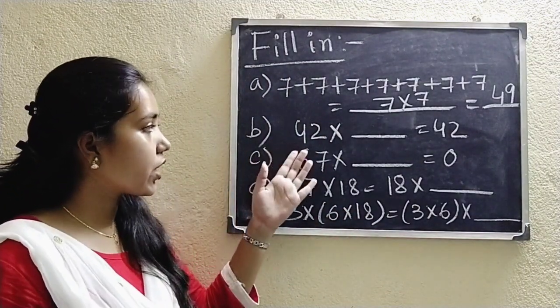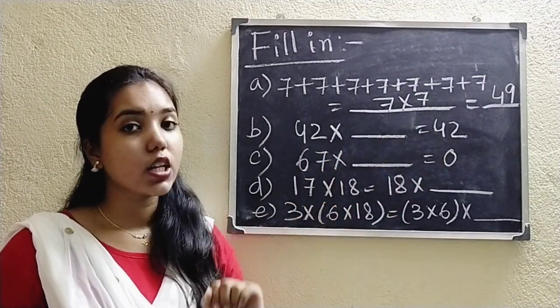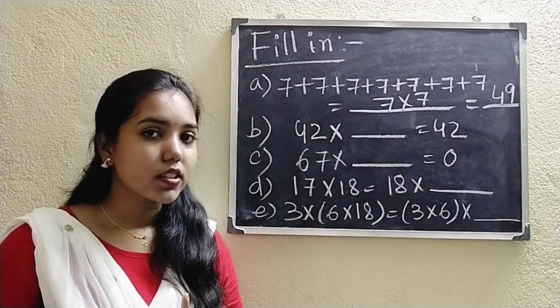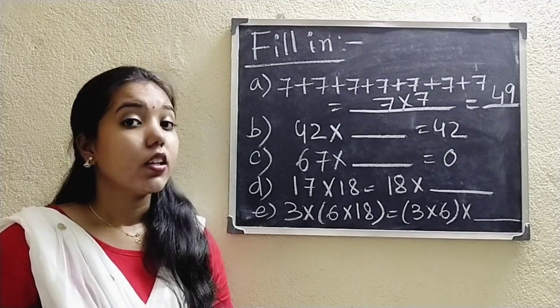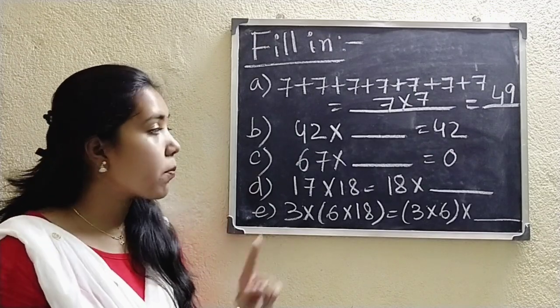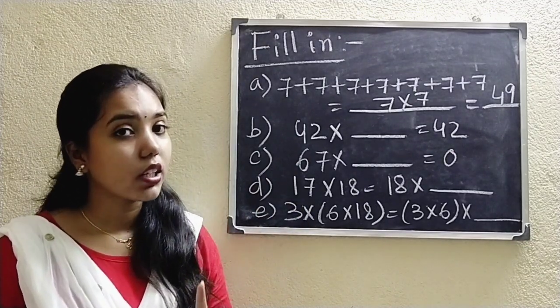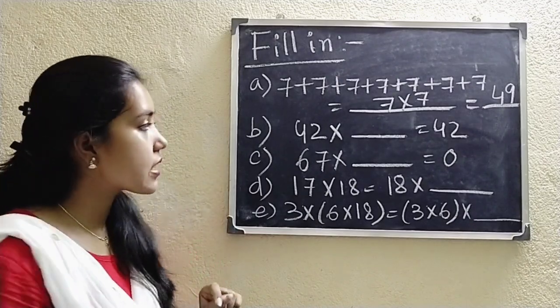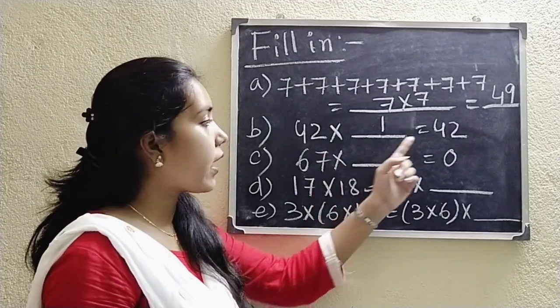In the second question, 42 is multiplied by a number and it gives the product as 42. Dear students, do you remember the one property of multiplication? It says that if a number is multiplied by 1, then the product is also the number itself. So here we can say that 42 is multiplied by 1.